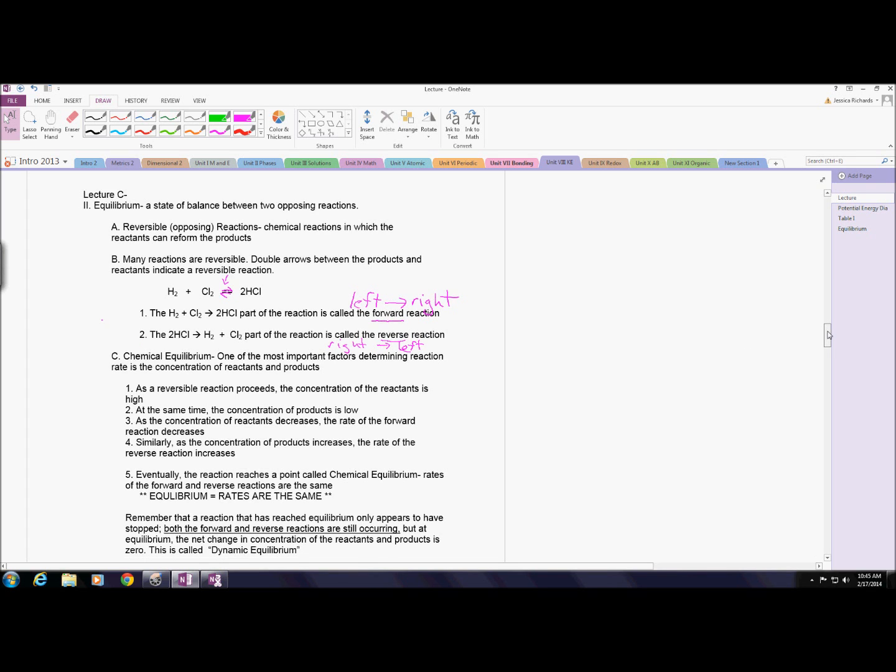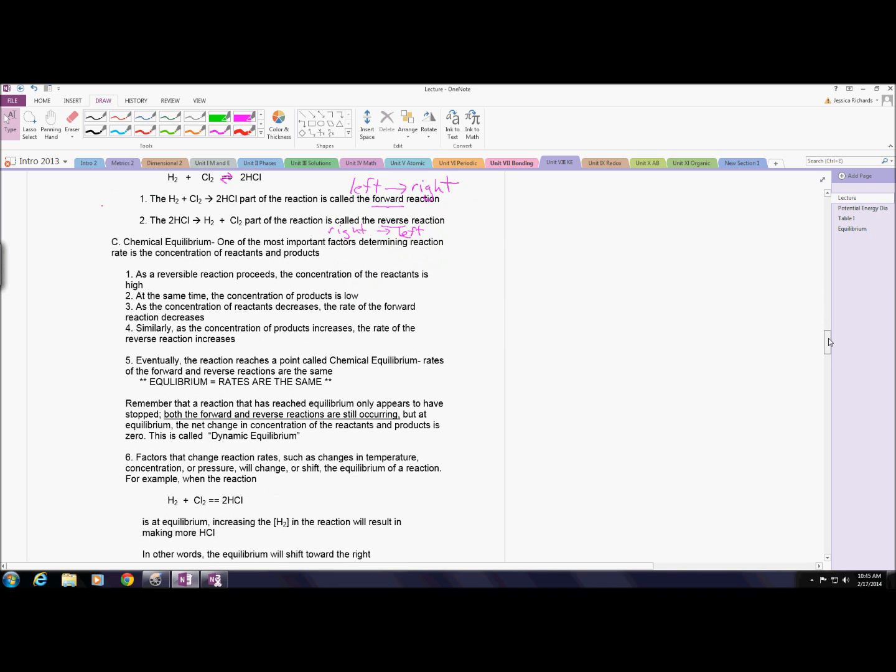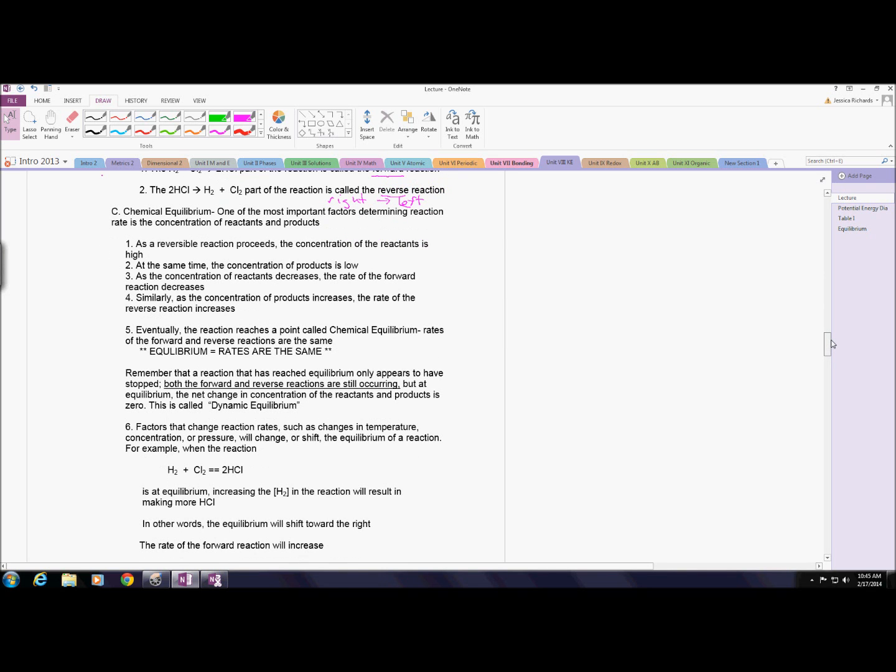When we start an equilibrium reaction, the forward reaction is going to have all kinds of reactants. And that reaction is going to go really, really fast, because there just aren't any of the products there yet to do the reverse reaction.